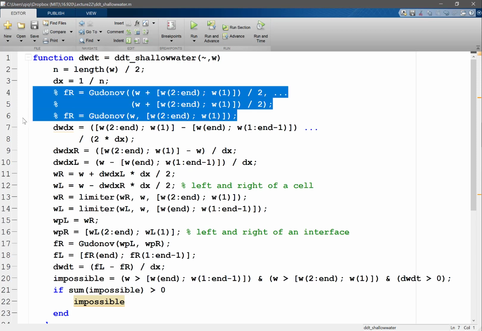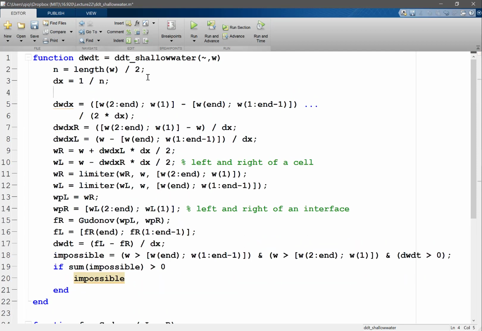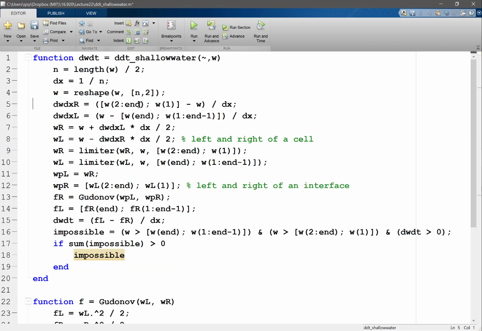So let's actually do a reshape to make it n by 2, okay? And then all this is still correct. We will just put a second dimension over here. Well, I don't think I need this dw dx anymore because I have dw dx left and right.